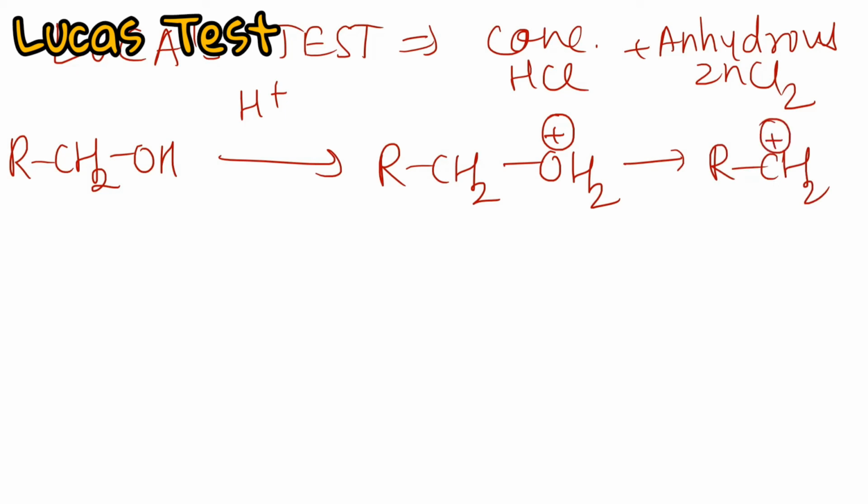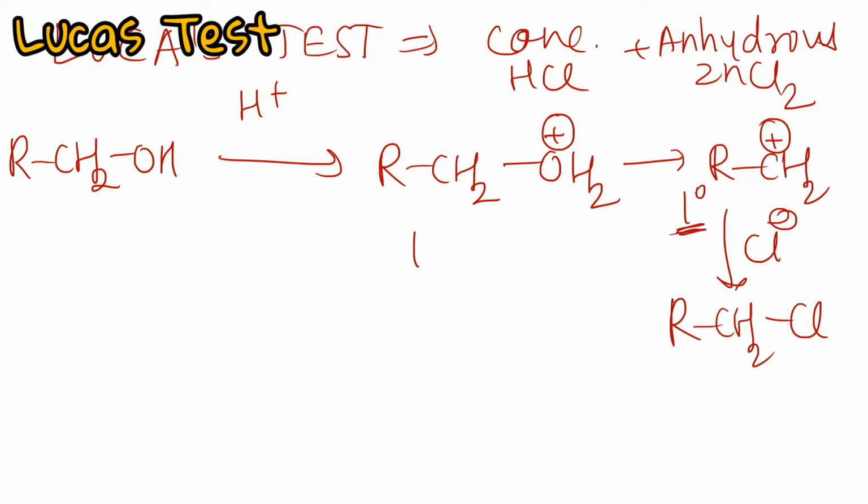I hope you have understood this mechanism which I explained on the earlier slide. So this is the primary carbocation which is formed here. For this solution, turbidity appears after a long time.